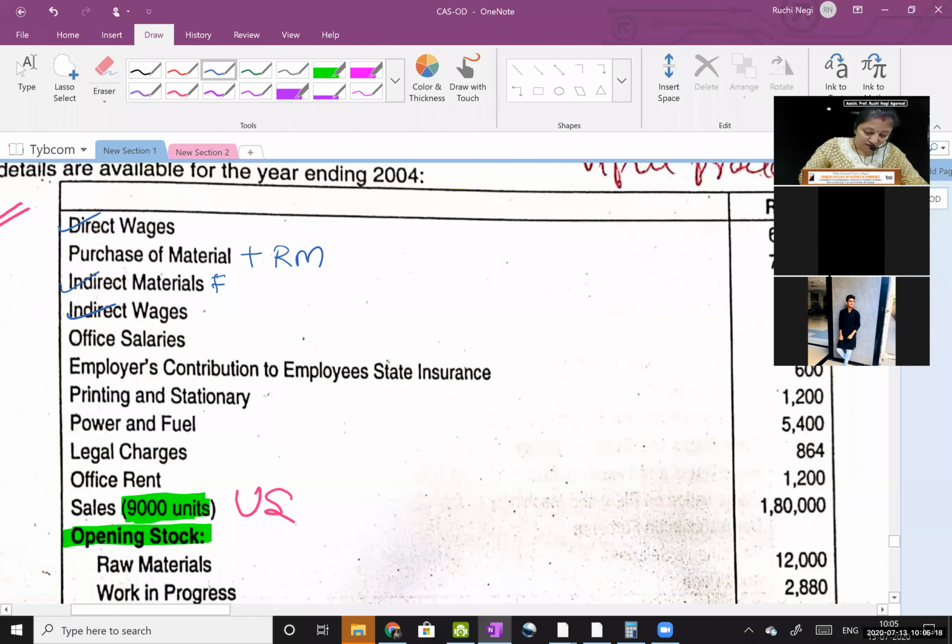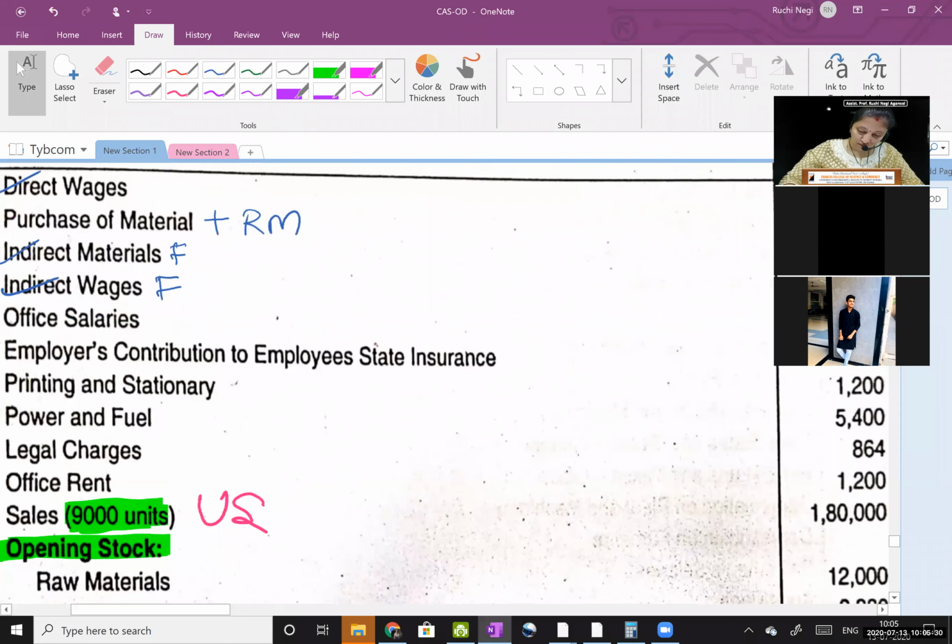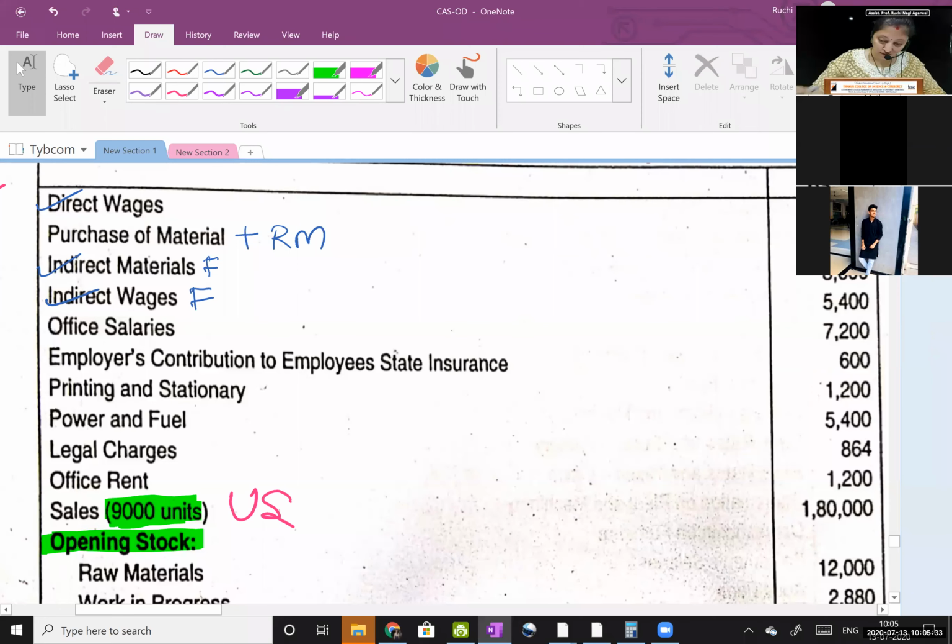Indirect wages, an indirect cost under factory overheads. Next, office salaries. So it will go to admin overheads or office overheads. It's one and the same.